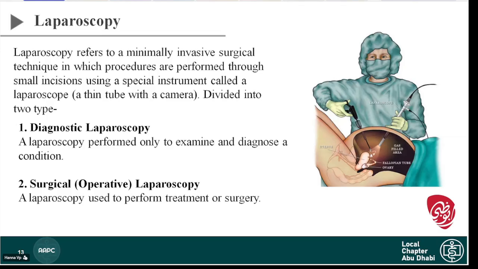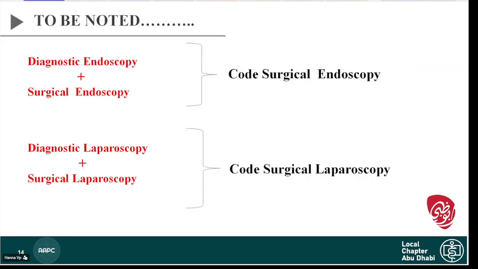This is the easiest method to find out whether the surgery was open or closed. Okay, so these are the basic things coming under the approach of the surgery. Now, here I'm going to show you some tricky methods to be noted for the endoscopies.